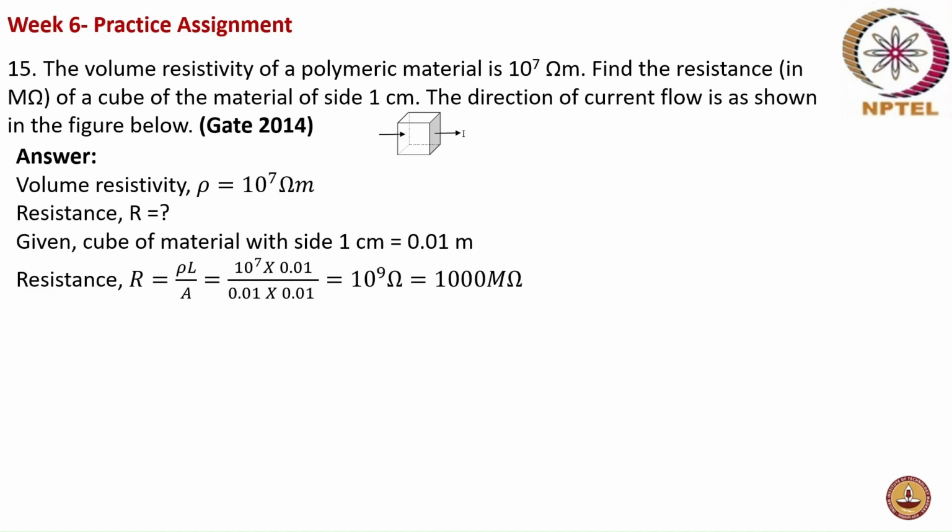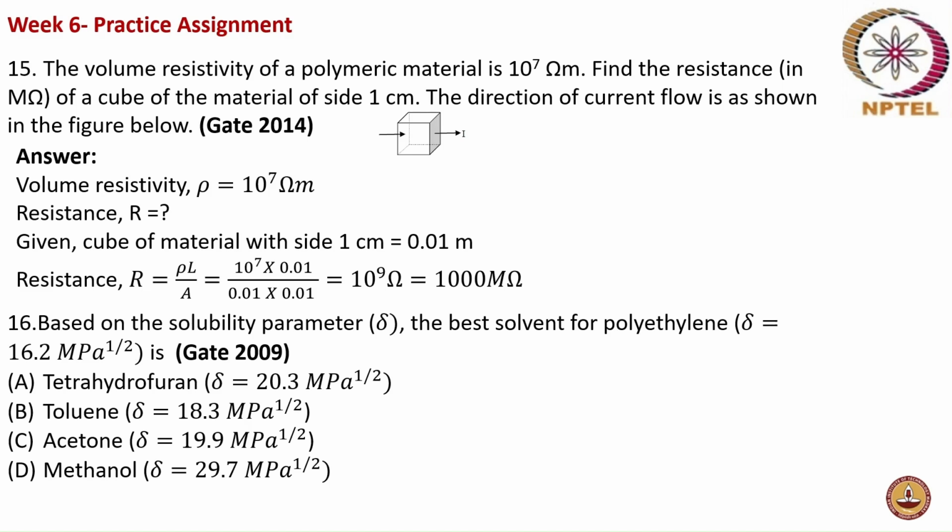Now next, based on the solubility parameter, what is the best solvent for polyethylene? The solubility parameter for polyethylene is 16.2 megapascal power half. They have given 4 solvents. Tetrahydrofuran, solubility parameter 20.3 megapascal power half.